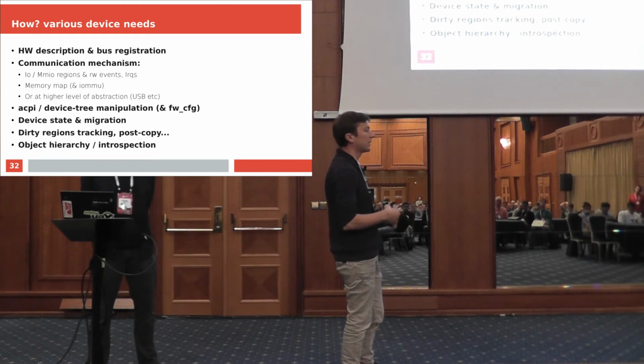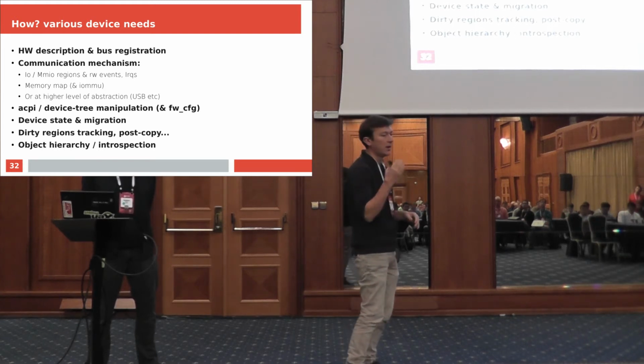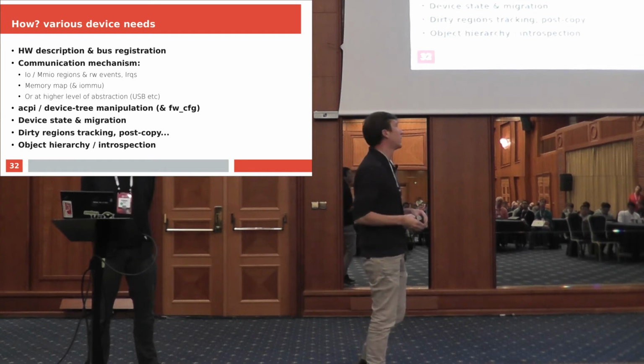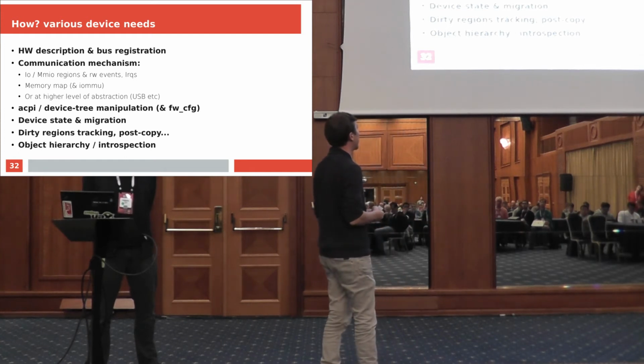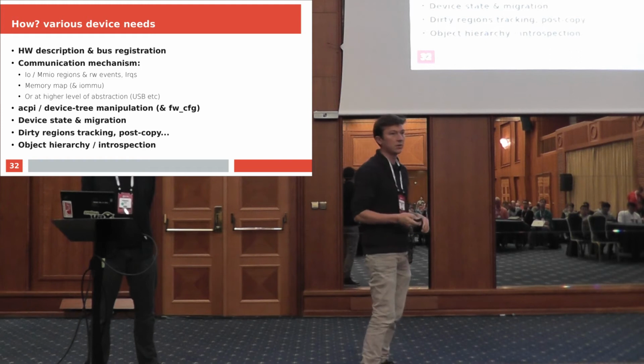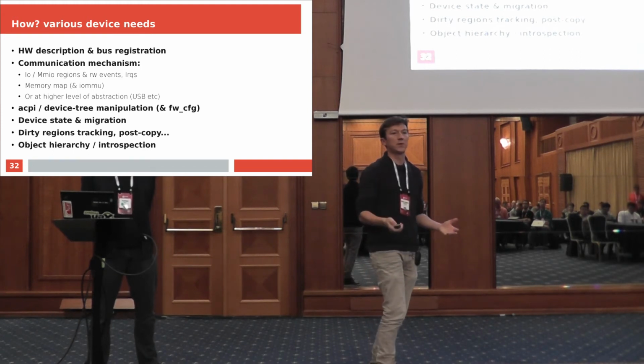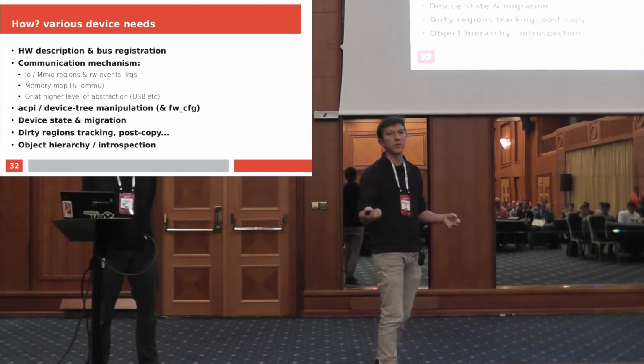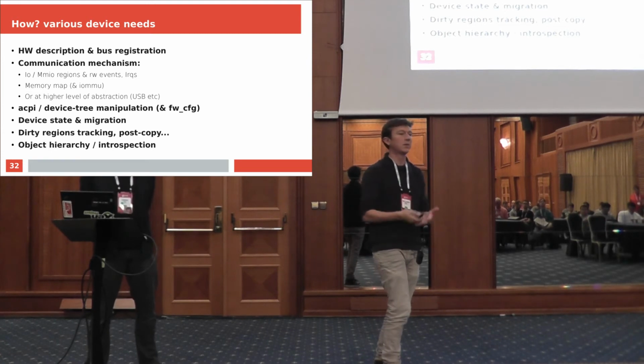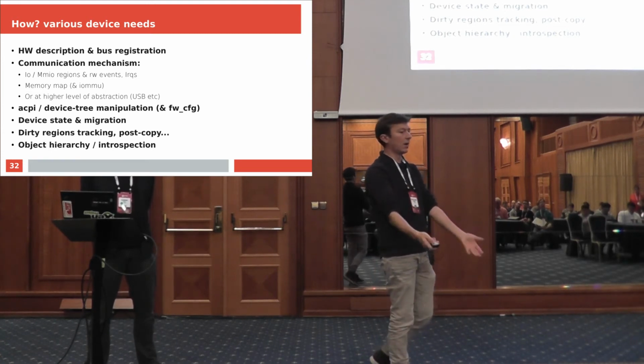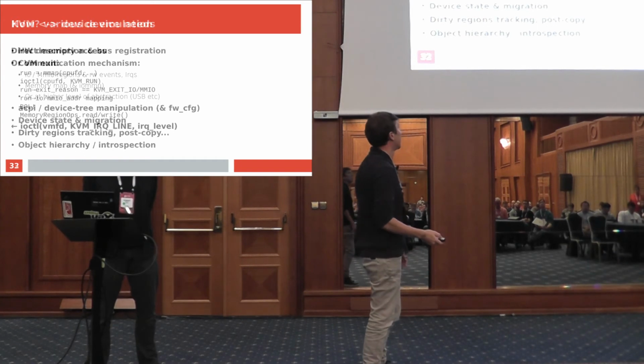If your device accesses the memory directly, you need to track if it's writing memory, so we've got dirty memory region tracking. And QEMU has a lot of ways to introspect what's going on, so if you do it out of process, you will need to interact with this so you can still see what's running and tweak it.